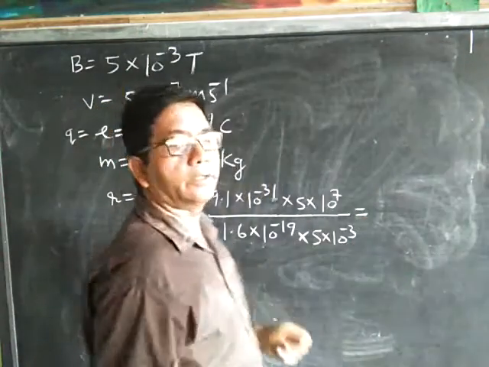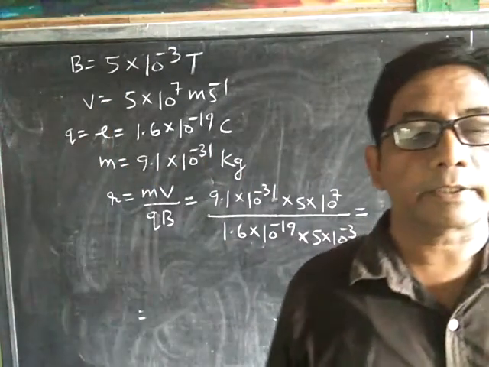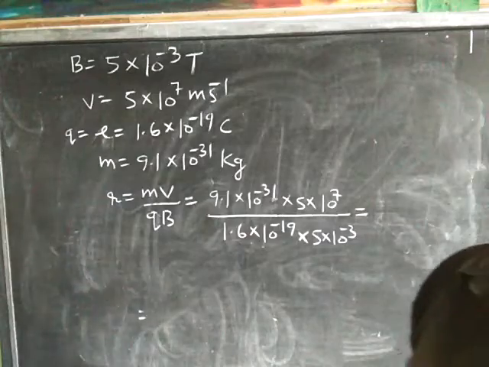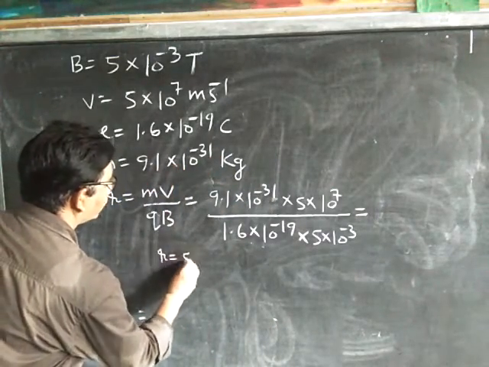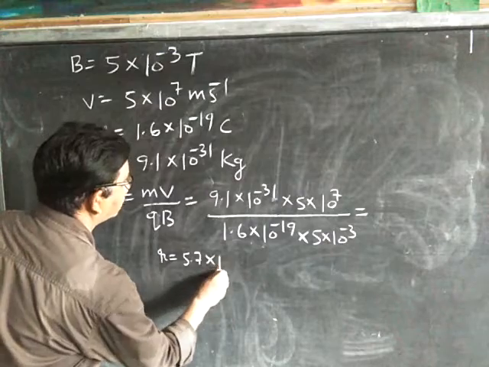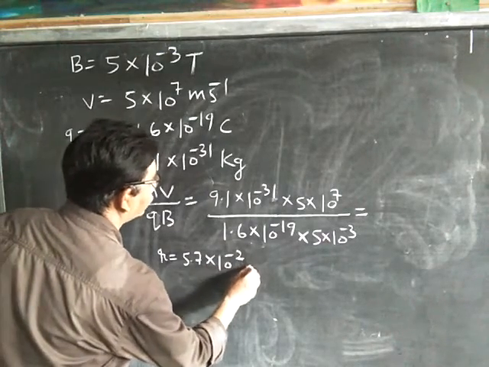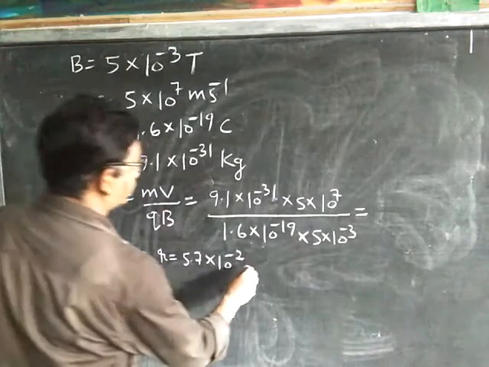When we solve this, we get r is equal to 5.7 into 10 power minus 2 meter.